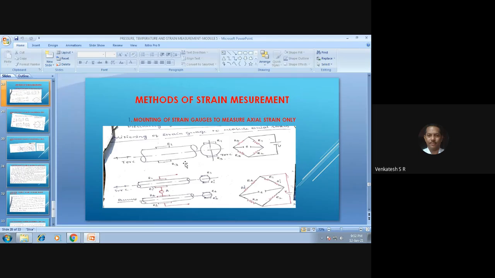Explain briefly with neat sketches the methods of strain measurement in the following cases.